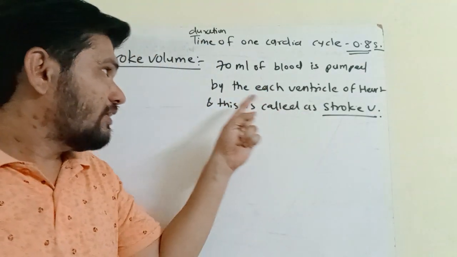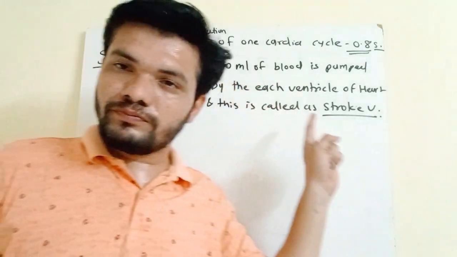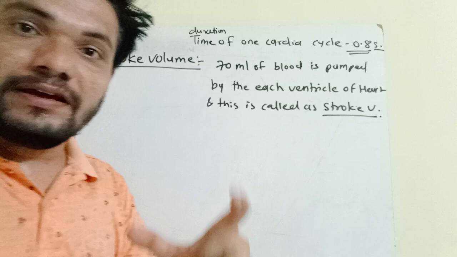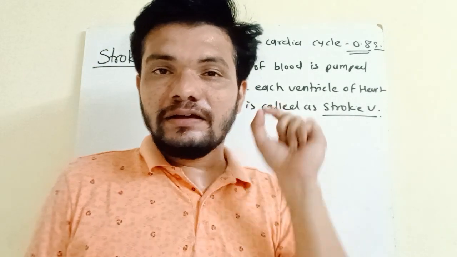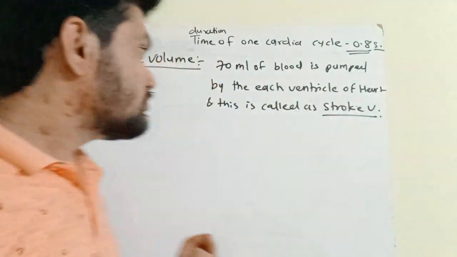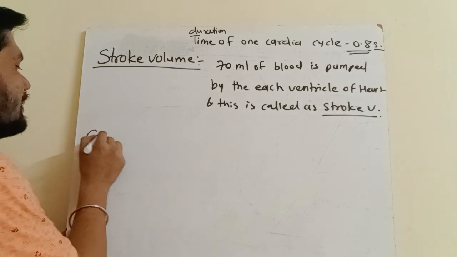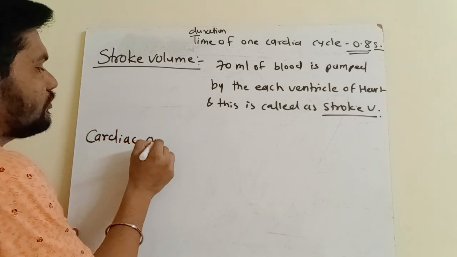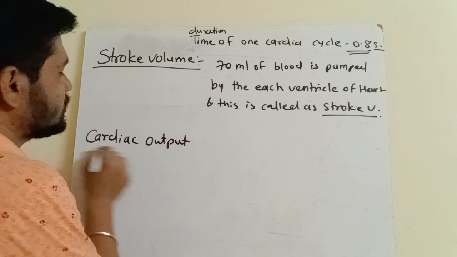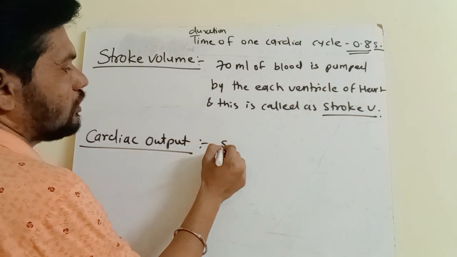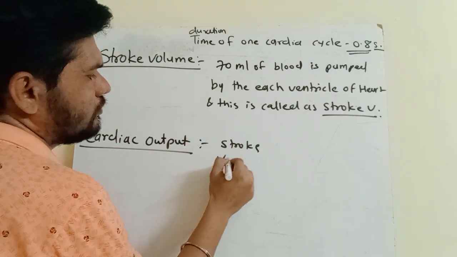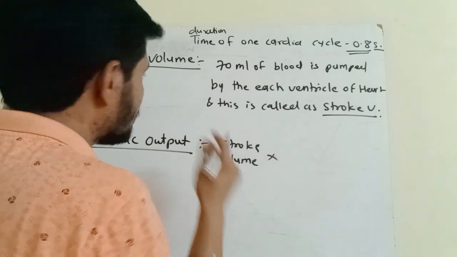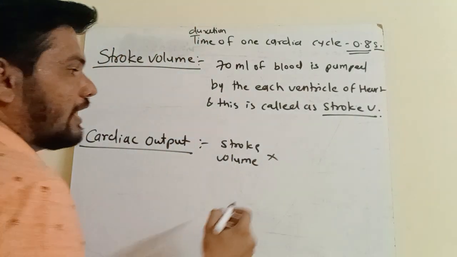If we multiply this stroke volume with your heartbeat, we will get the cardiac output. So the second thing we will learn here is cardiac output, which means stroke volume into the heartbeat.